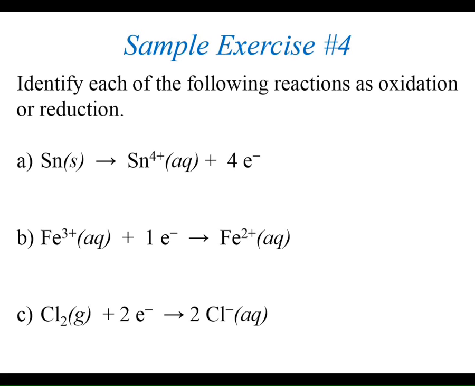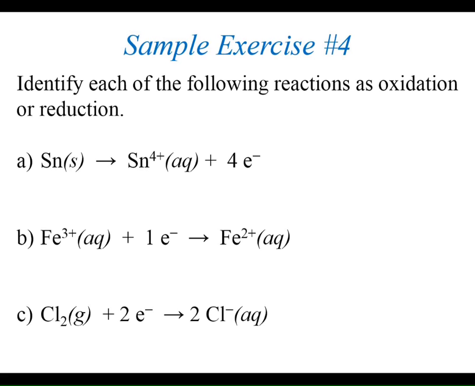Okay. Iron 3+ goes to iron 2+. Did that gain a negative or lose a negative? It went from 3+ down to 2+. It must have gained a negative, right? It went lower, and you see right there, it gained an electron. So it gained an electron, which means it is reduction. So iron 3+ was reduced to iron 2+.